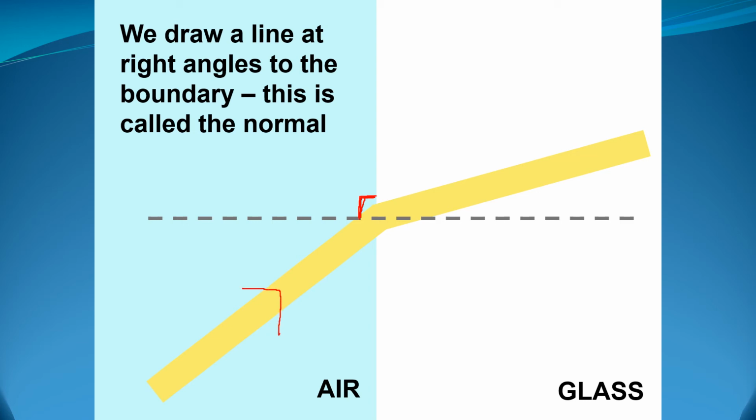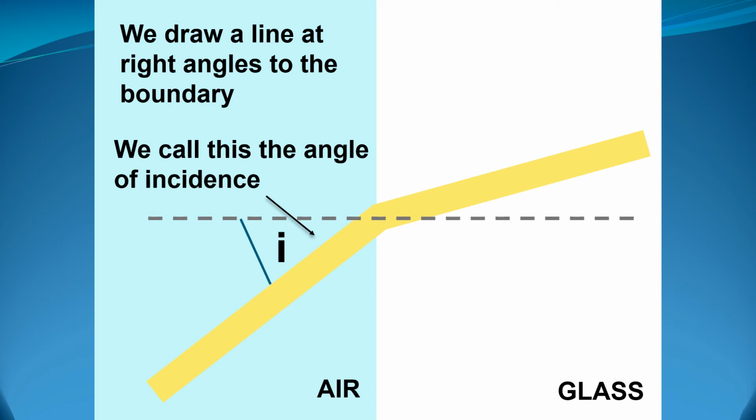So the light was coming in this direction. It hit this other material, and when it hit that other material, it changed speed. And what that did was it didn't stop the light from going straight, it just moved it a little bit. So it's still going in a straight line, but in a slightly different direction now within the material.